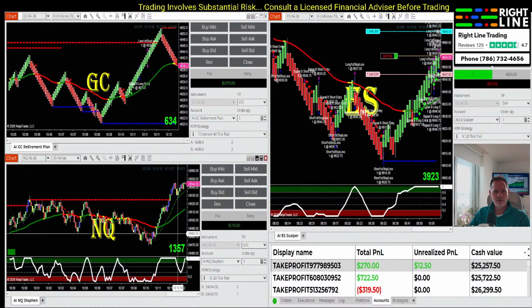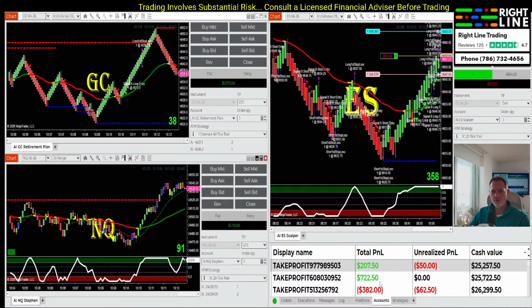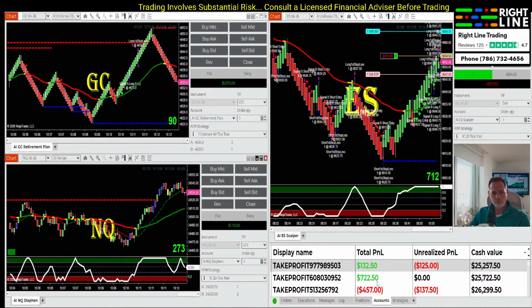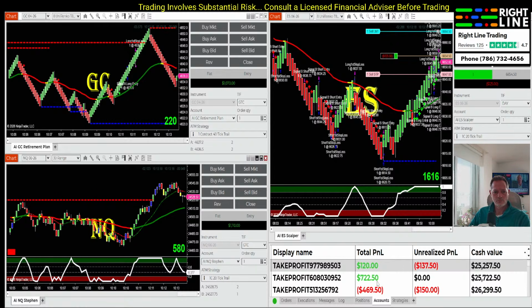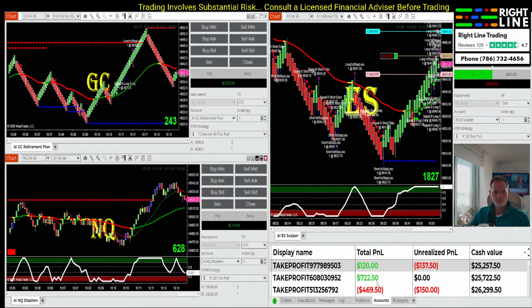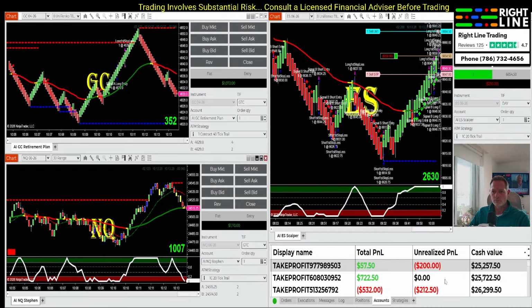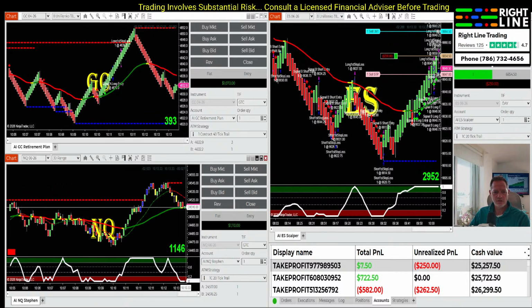All right, nice move here. Catching a nice move with the ES and NQ. Getting pretty weak now. It's coming back on us. Hopefully it can hold this 50 here.